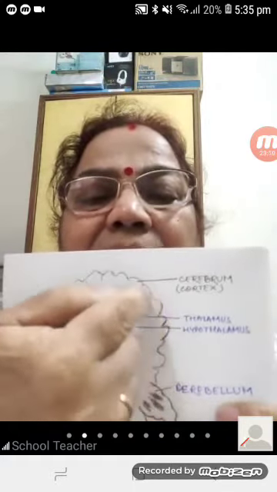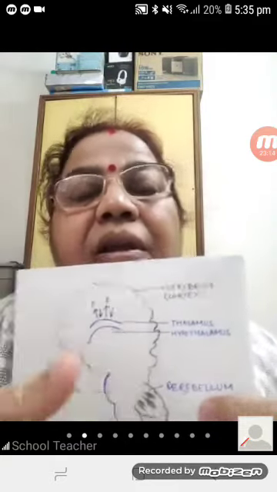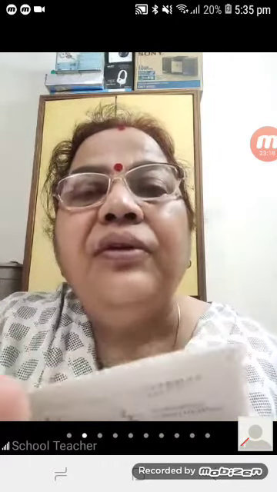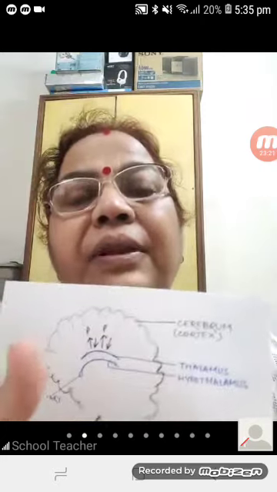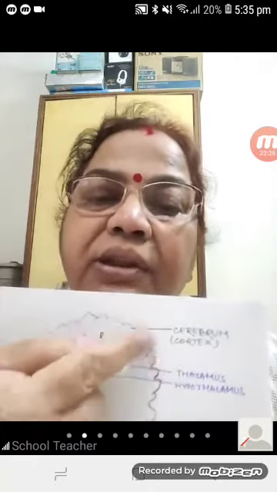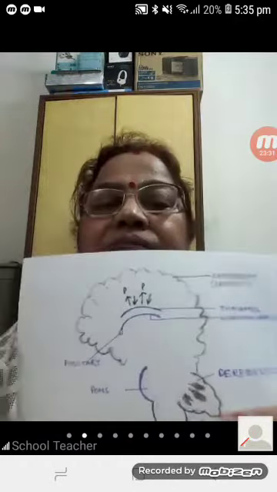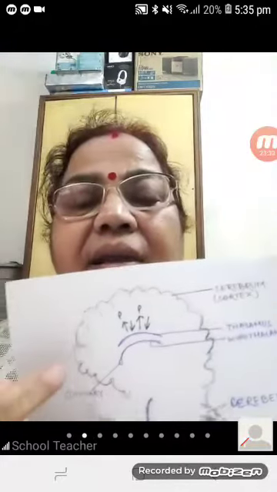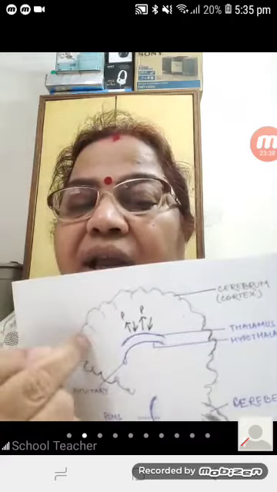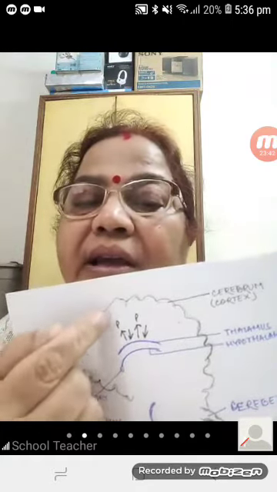The convolution is there so that the brain can accommodate a large number of neurons. The larger the number of neurons, the higher the IQ of an individual. So this convolution is made up of gyri and sulci. The projection is called gyri, while the inside groove is sulci.